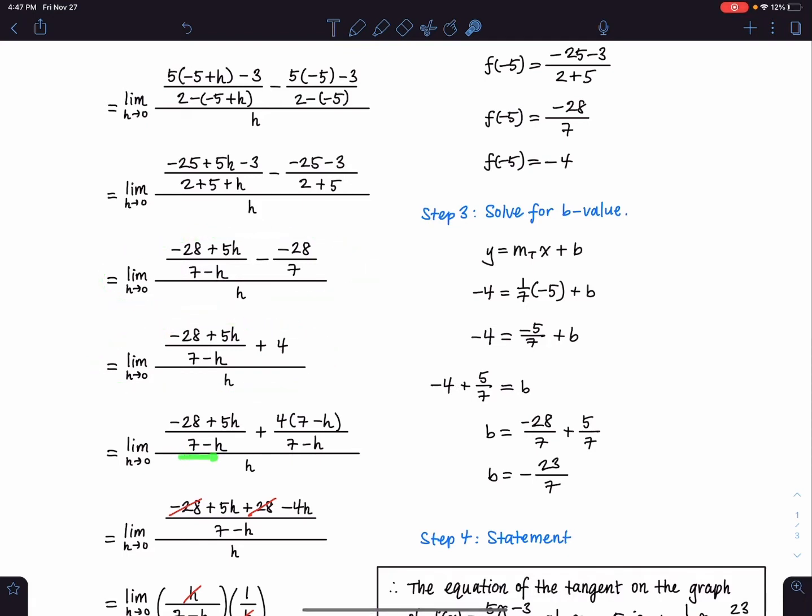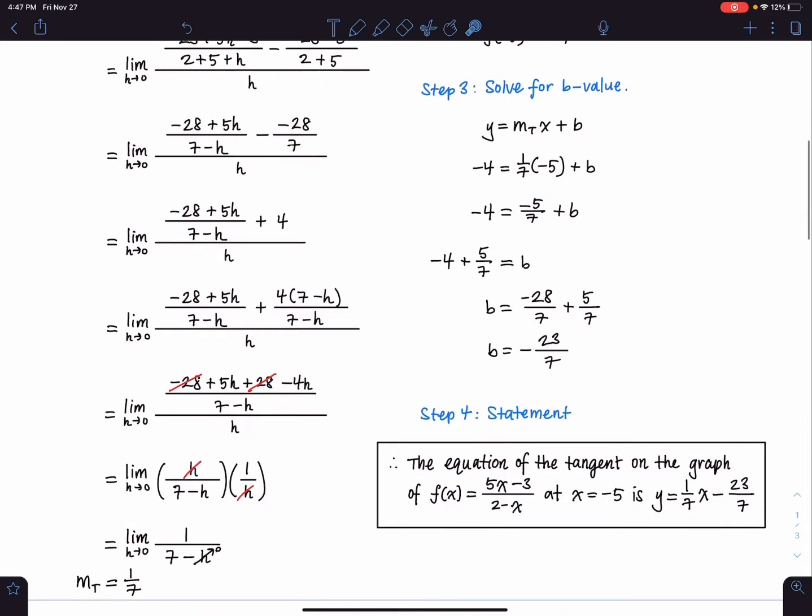And then we take our common denominator of this fraction and multiply it into the numerator of this one and the denominator of this one. That leads us on to further simplifying and canceling out the 28s and canceling out the h's.